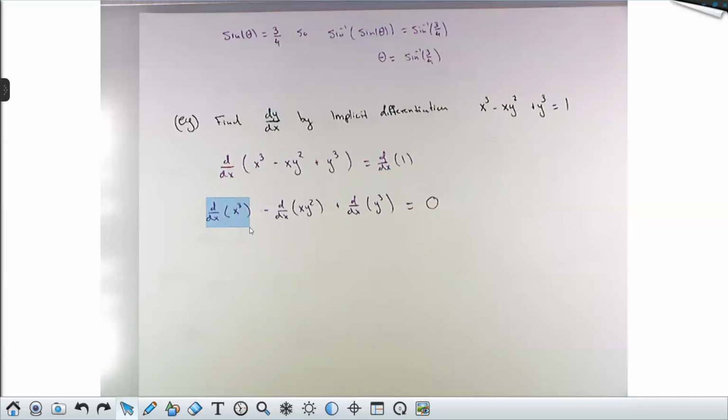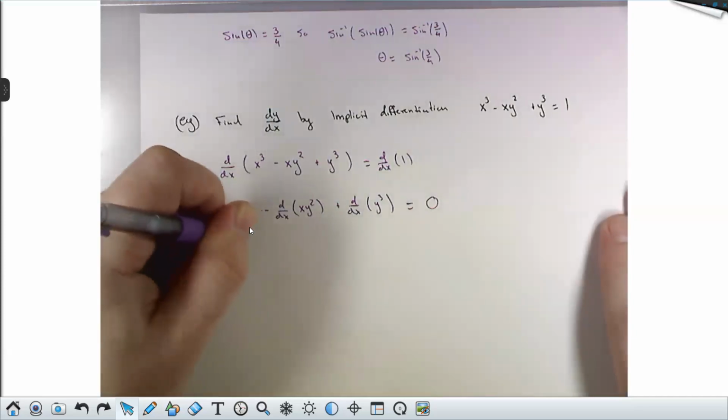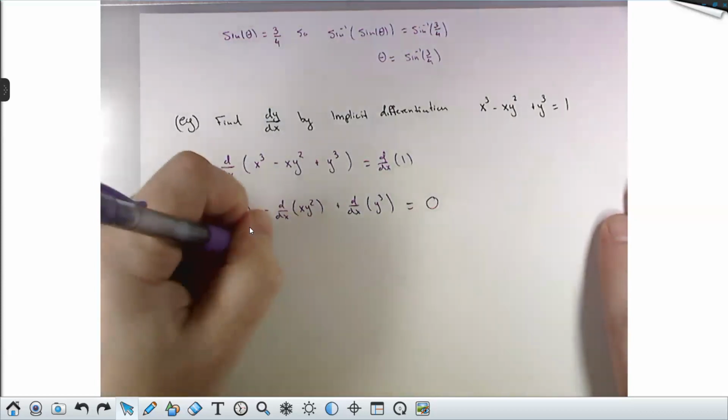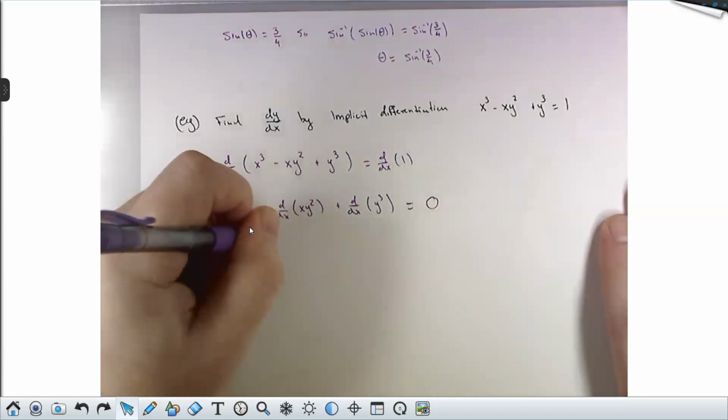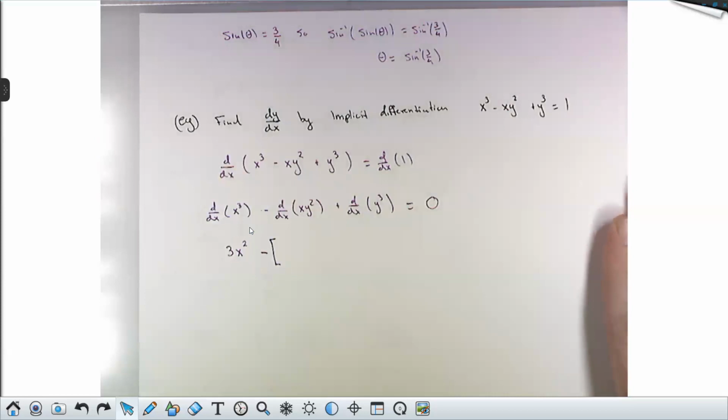This piece is easy. d dx of x cubed is a power rule derivative, 3x squared, no implicit anything there. Then we'll have minus, and open up a big bracket here because this piece is about to be expanded using the product rule.